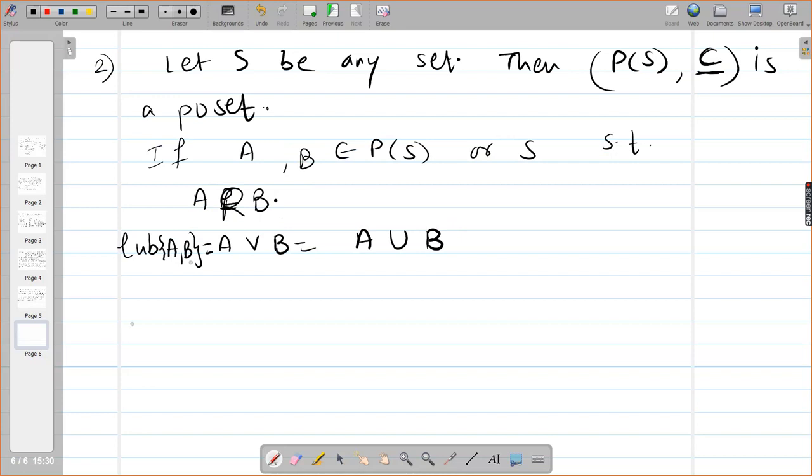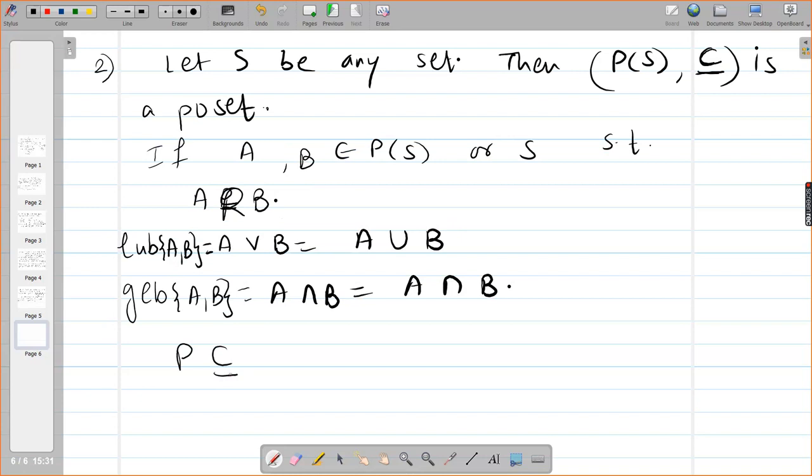These will be subsets of S, since P of S is the power set. And GLB of AB, A meet B, will be A intersection B. So for any two sets, union and intersection always exist. Yes or no?